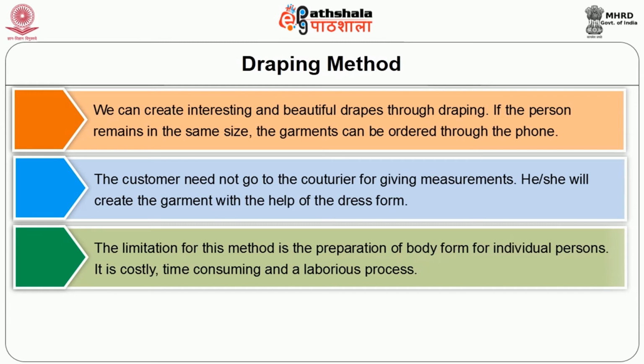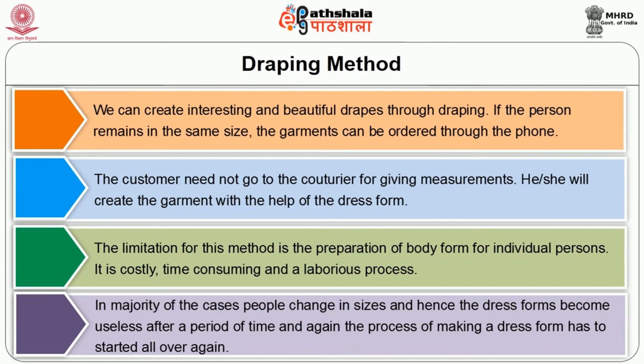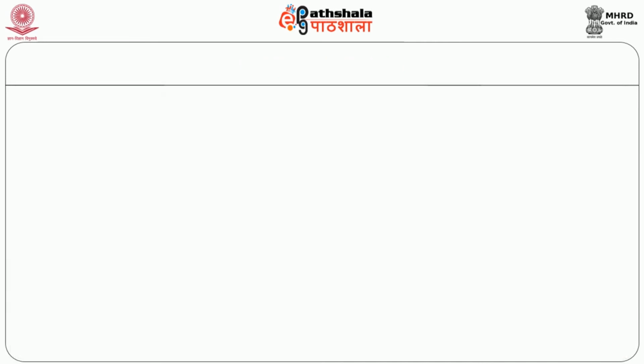It is costly, time consuming and a laborious process. In the majority of cases, people change in sizes and hence the dress form becomes useless after a period of time, and again the process of making a dress form has to be started all over again.